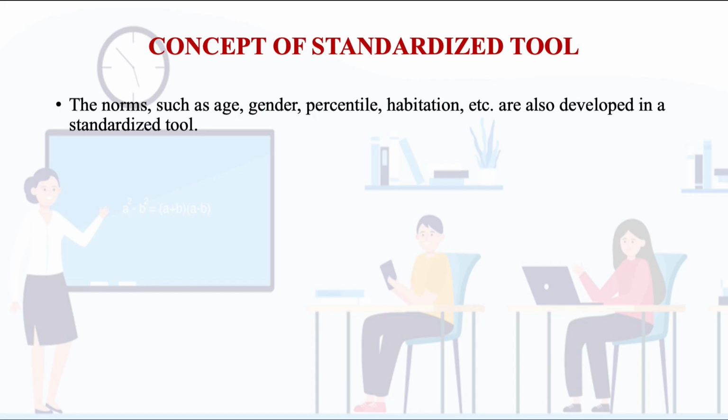Further, we can say that norms such as age norm, gender norm, percentile norm, habitation norm, etc. are also developed in a standardized tool. So here you see, unless you develop the norm, you cannot say that this is a standardized tool. So what are the norms?